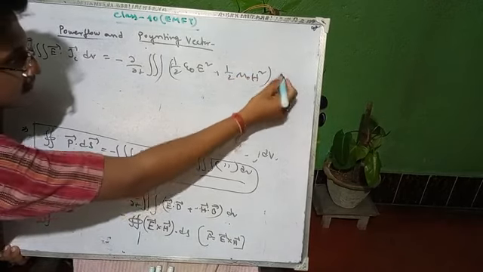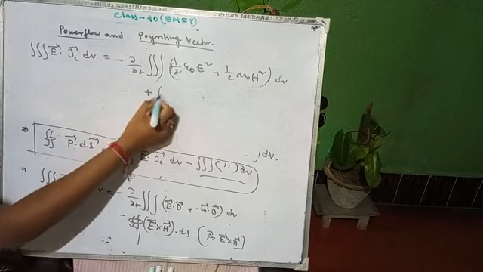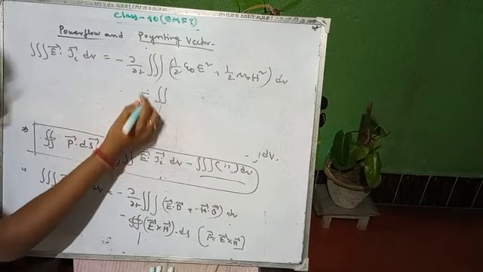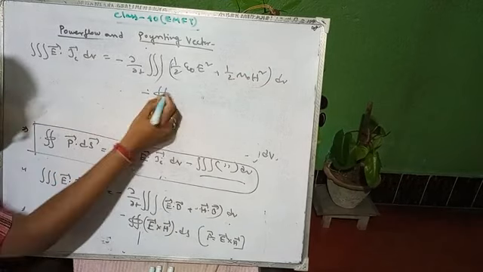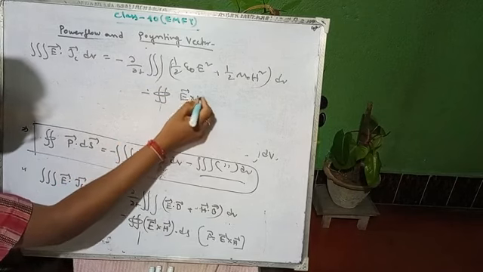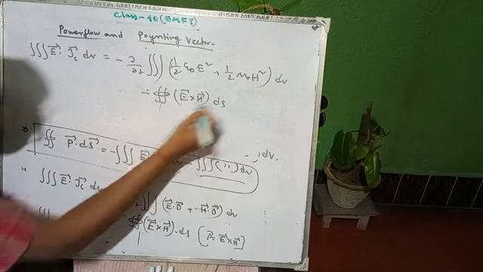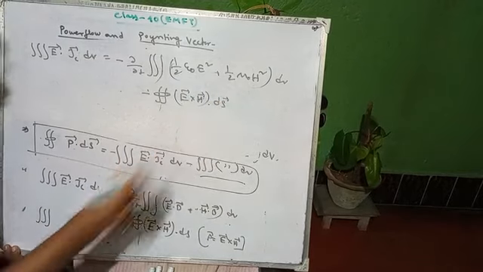So over the volume integration, and plus, sorry, it will be negative closed surface integration of E cross H over the surface ds.